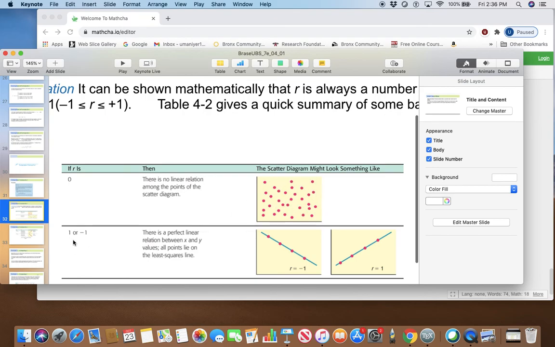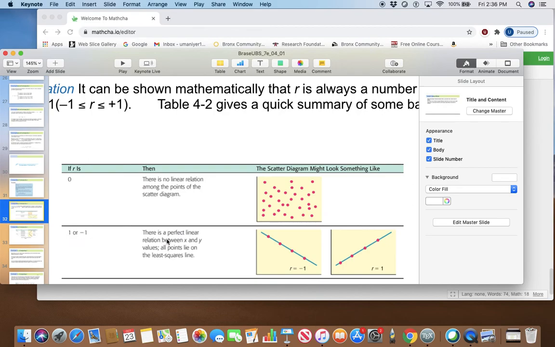If R is 1 or negative 1, there is a perfect linear relation between x and y values. All the points lie on the least squares line. So if R is negative 1, you're going down. If R is positive 1, you're going up on a straight line.